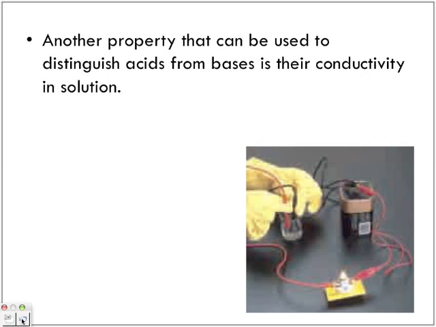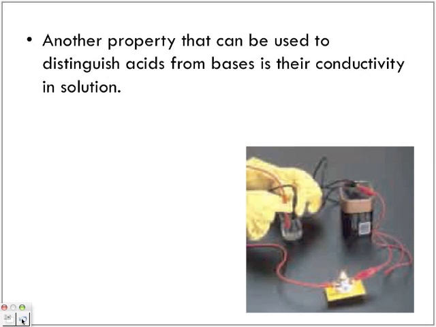Another property that can be used to distinguish acids from bases is their conductivity in solution. If we were to hook up a power source and a little light source, because there are ions formed in solution, the dissociation.